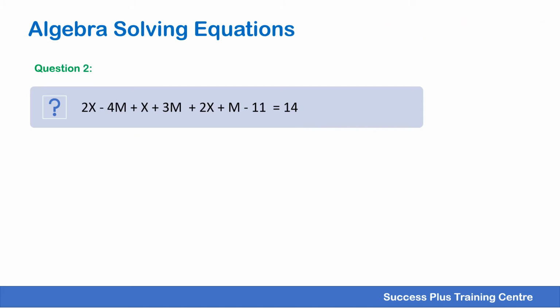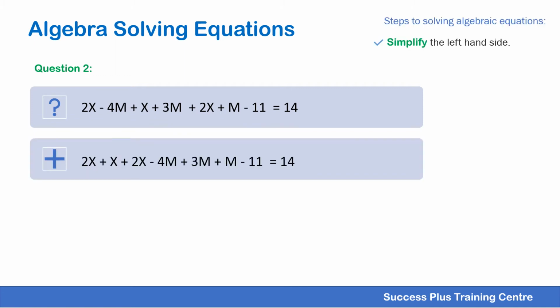Now let's move on to question number 2. 2x take away 4m plus x plus 3m plus 2x plus m take away 11 equals 14. Pause the video and have a go. Let's simplify this equation by adding or subtracting similar terms only. This means 2x plus x plus 2x take away 4m plus 3m plus m take away 11 equals 14.